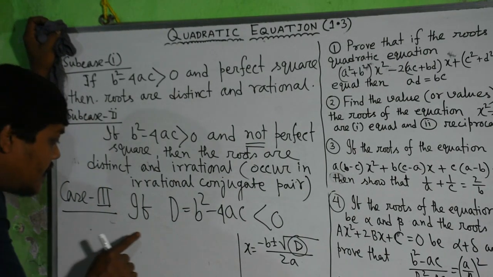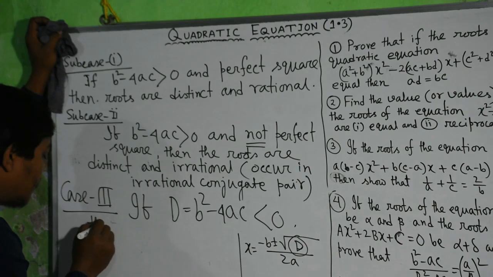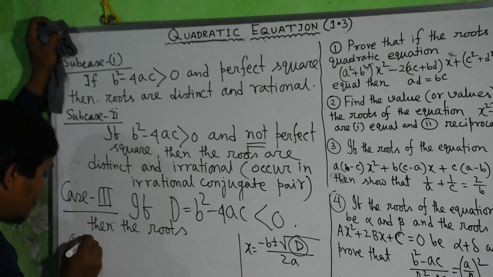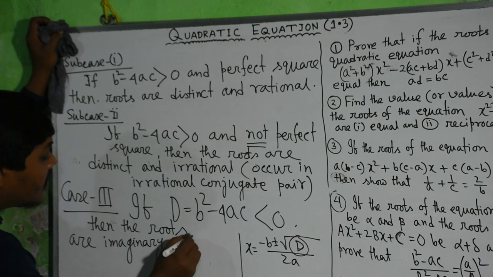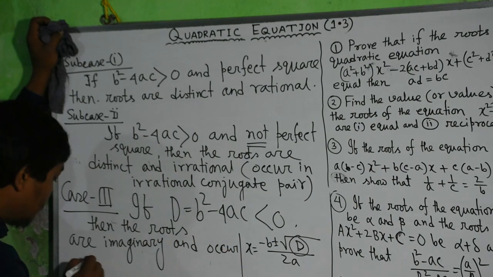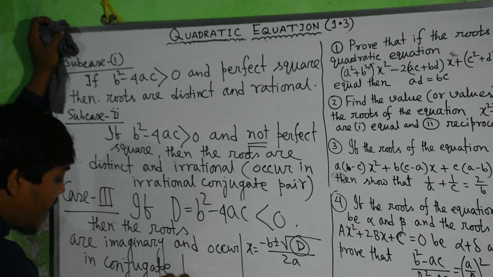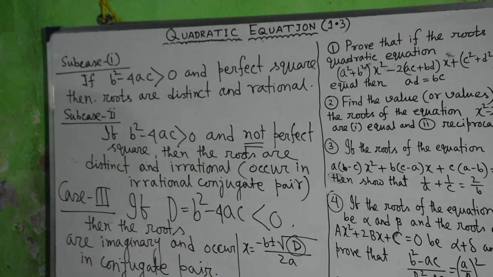So if D equals b square minus 4ac is less than 0, then the roots are imaginary and occur in conjugate pairs. That means if one root is 1 plus i, the other is 1 minus i. That is the total information on the nature of the roots. I think it is clear to you.